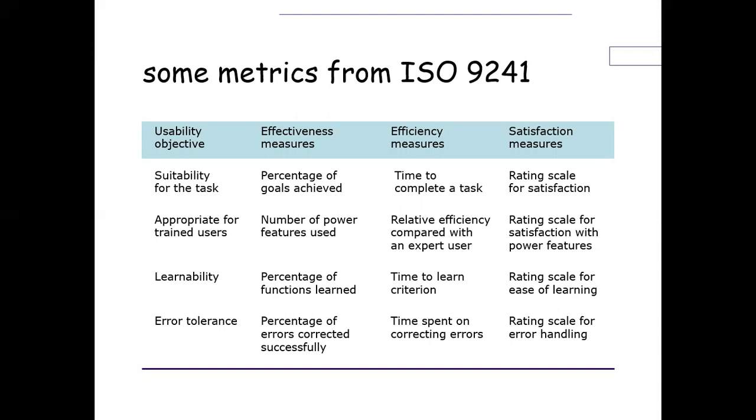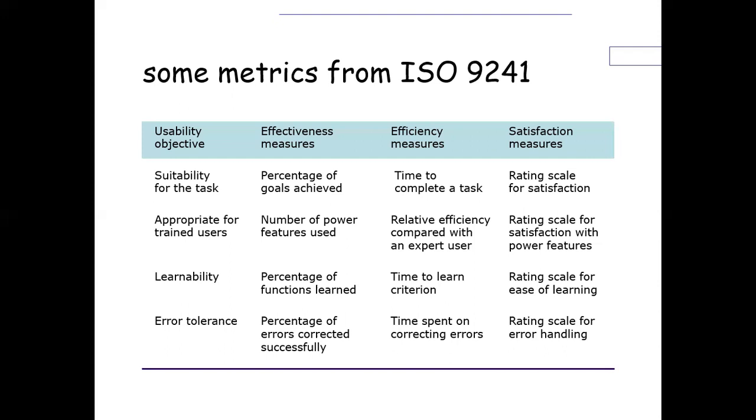Its effectiveness measure is number of power features used, its efficiency measure is relative efficiency compared with an expert user, and its satisfaction measure is a rating scale for satisfaction with power features. For learnability, its effectiveness is percentage of functions learned, its efficiency measure is time to learn criterion, and its satisfaction measure is a rating scale for ease of learning.